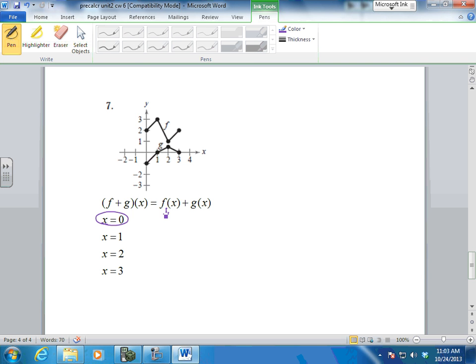Here's my x of 0. What is the value of my f function? 2. What is the value of my g function? -1. And what is 2 plus -1? 1.